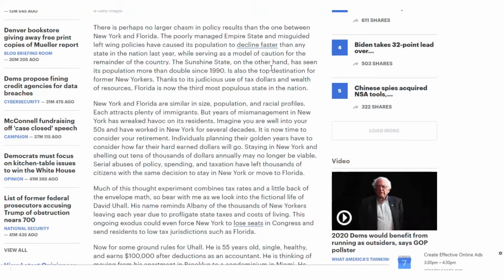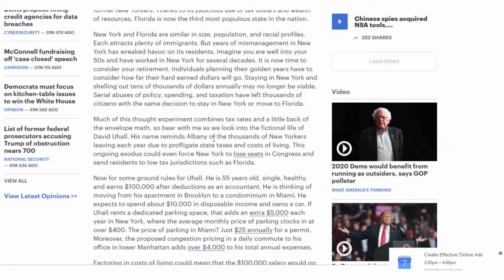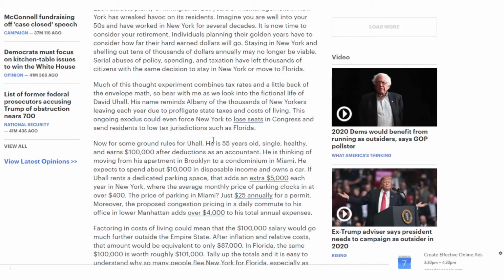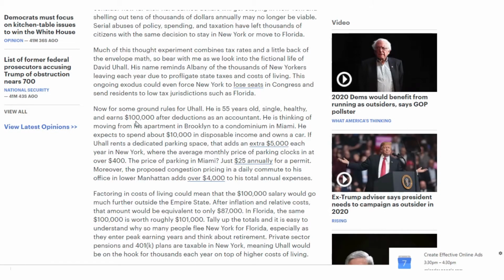And she walks through an example of somebody, a fictional person named David U-Haul, right, who is thinking about where he's going to retire. He's 55, he's single, he's healthy, he earns $100,000 a year as an accountant, and I think she means he expects to spend about $10,000 a month probably in disposable income.